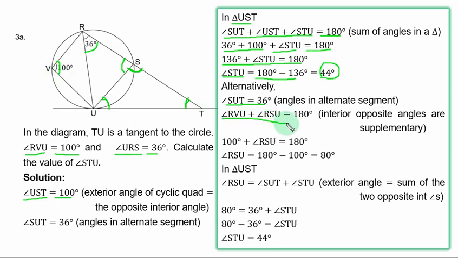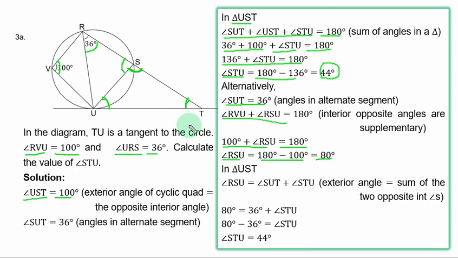That is interior opposite angles are supplementary. So you have 100 degrees plus angle RVU equal to 180 degrees. So angle RVU is 180 degrees minus 100 degrees equal to 80 degrees.